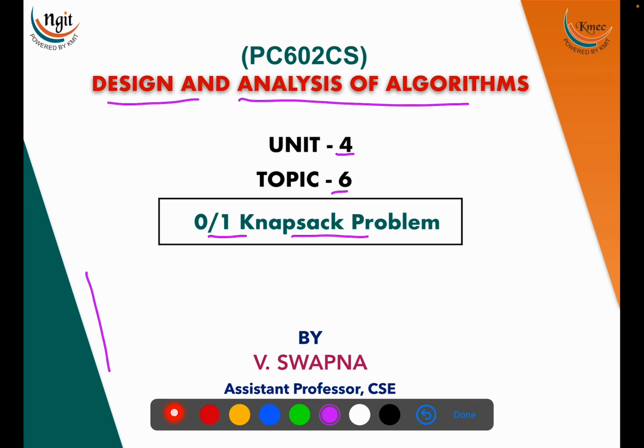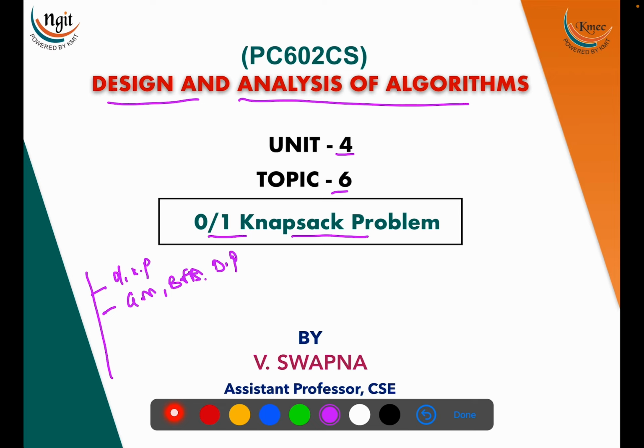Now, as far as this video is concerned, we'll talk about what is the 0/1 knapsack problem. Before this video, there were 0/1 knapsack problems which we solved using the greedy method and brute force approach, and we even solved the same problem with dynamic programming and backtracking.